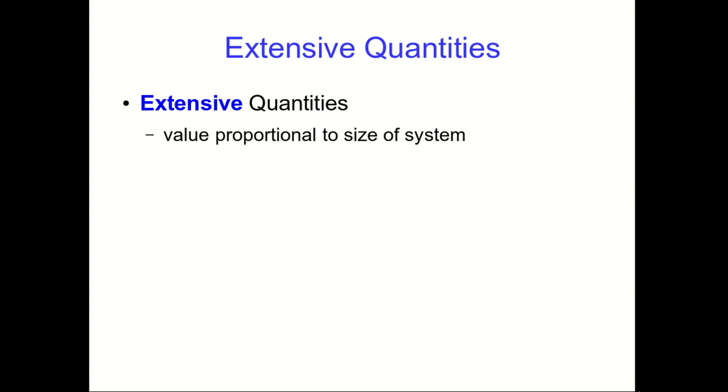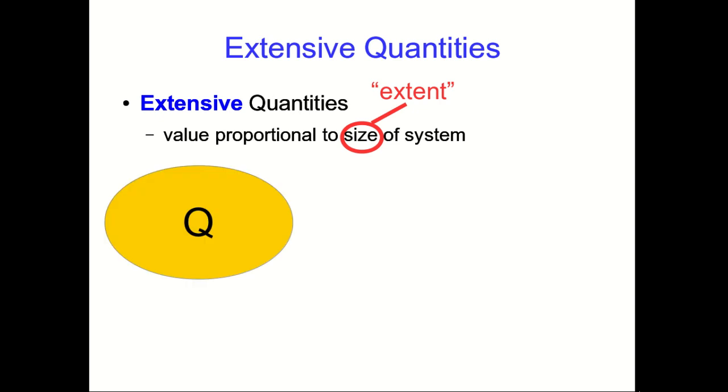The term extensive comes from the fact that you could think of size as being the extent of the system. And so this is a quantity that is proportional to the system extent. Well, this may not be meaningful to you yet. I'll proceed by some examples which should make it clear. But let me set up how you test whether a quantity is extensive.